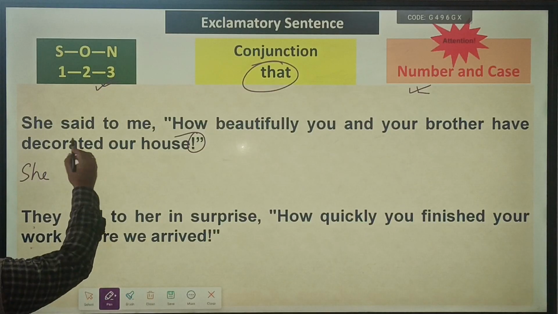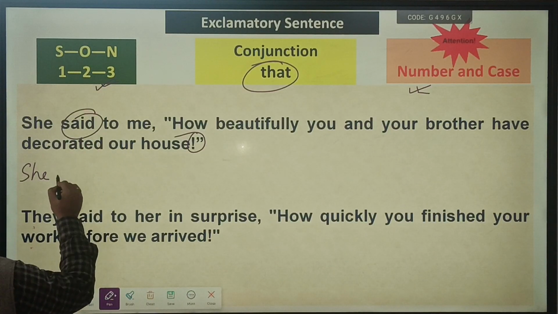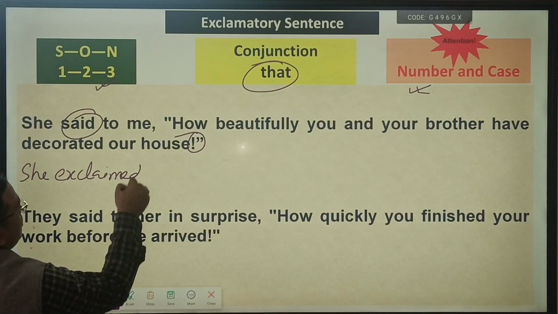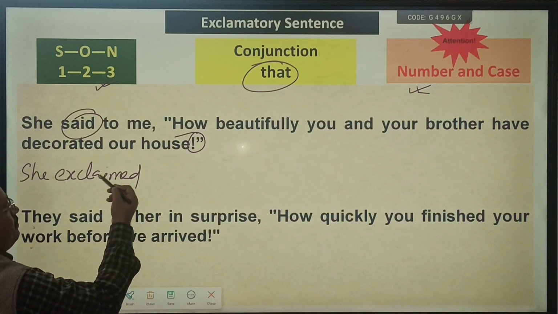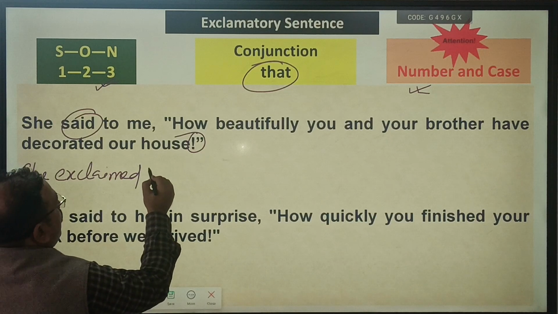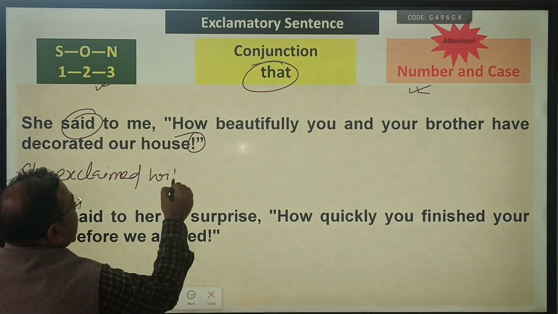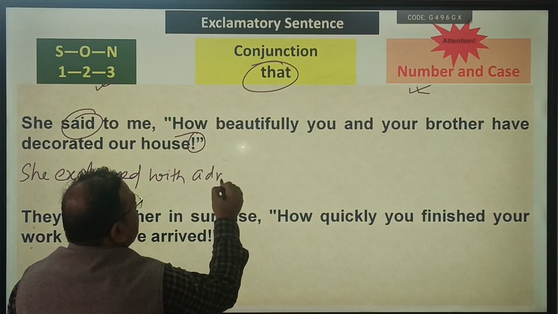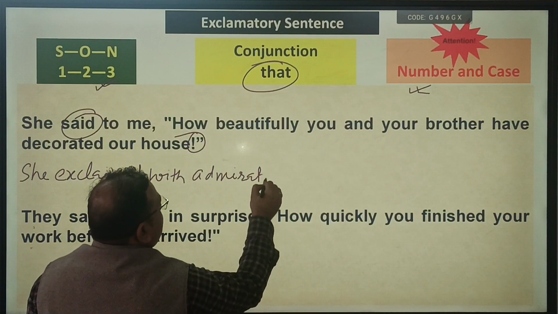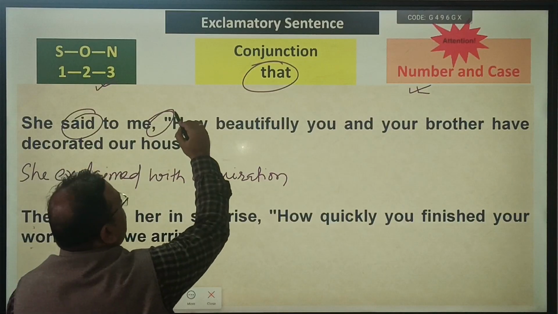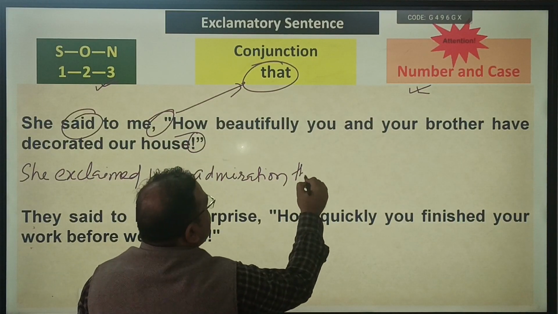She said to me, said will change into what? Exclaimed. This is very important. This is where people make mistake. Exclaimed with what kind of exclamation? Admiration. Admiration means prashansa. In place of inverted comma, we are using what? That.